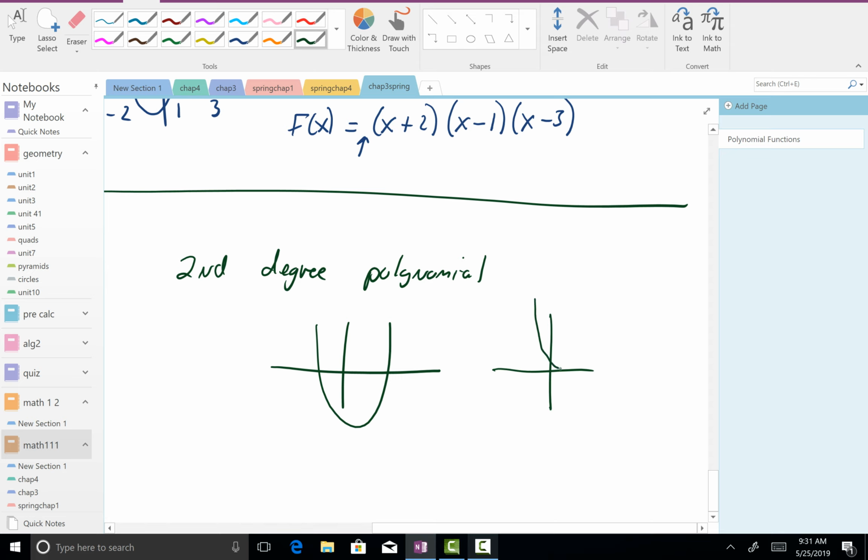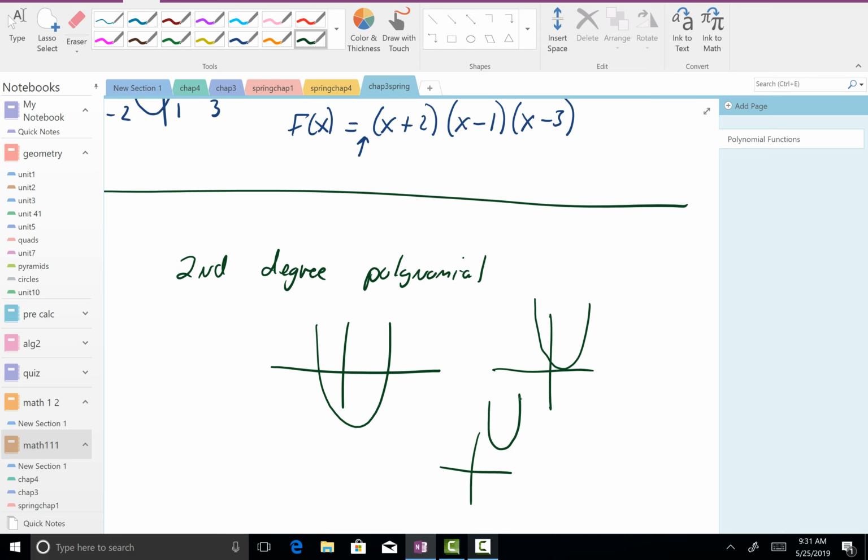What's the difference between all of these? What's the only difference? That's right, they're shifted up and down. The number of x-intercepts they have.